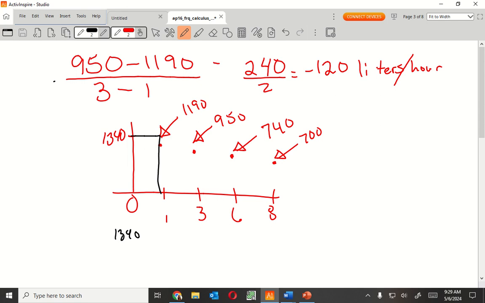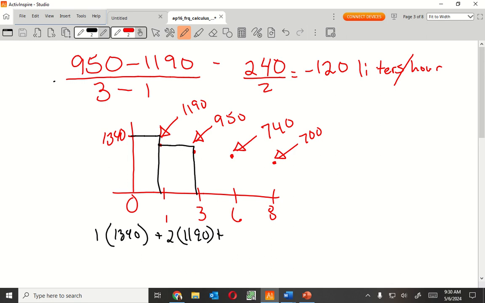This one right here is just 1, right? So that's going to be times 1, plus my next one, which is the rectangle on the left-hand side. I go with this dot here. This height is going to be 1190, times the width. What's the width of this one here? 2, right?